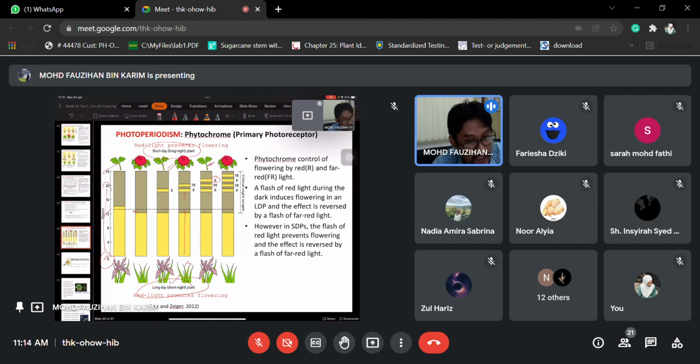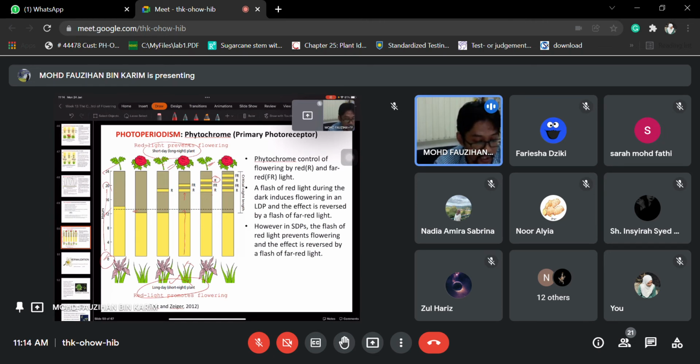But if suddenly you give back the red light, okay, dia akan promote balik the long day plants to flower, but will prevent the short day plants from flowering. You have to always look at the final wavelengths ataupun light that is given to the plants.